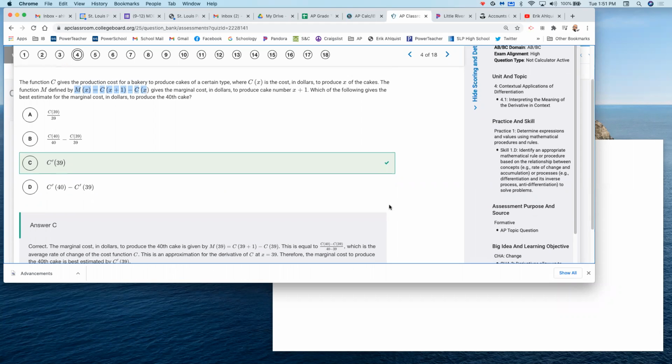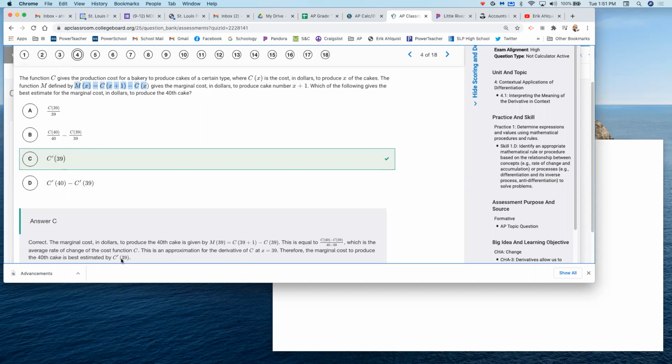Then you're essentially talking about the slope. You're just doing the derivative, and that's the same thing as doing C prime of 39. So the cost of producing that next cake in economics is called the marginal cost.